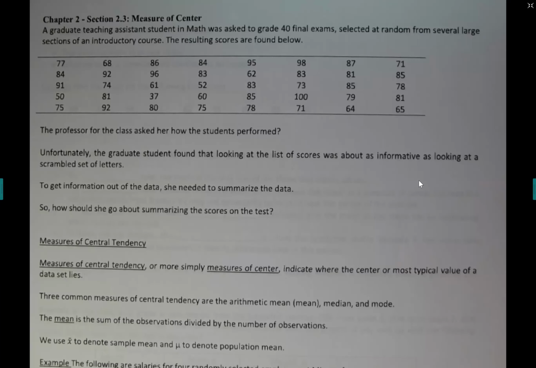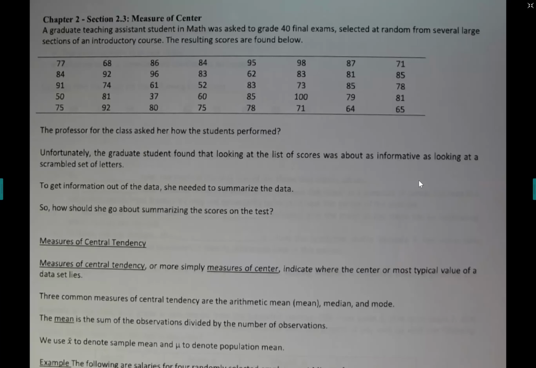Actually in statistics, there are 3 averages. One is called the mean, another one is called the median, and the third one is called the mode. Today I'm just going to define the 3 of them. The good news is you don't need to do any of the work by hand. The calculator can handle this.